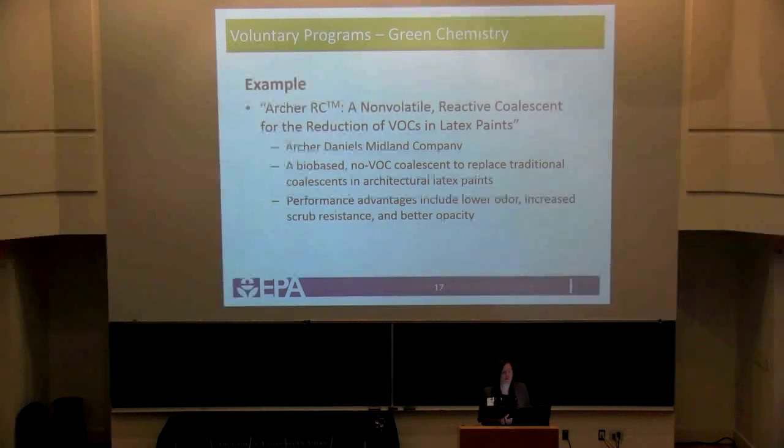So it replaces VOCs, and again, it offers a renewable feedstock, and it's bio-based. In addition to providing benefits to human health and environment, it also provides performance advantages, and that includes lower odor, increased scrub resistance, and better opacity. So again, another good alternative that has been commercialized and is on the market.